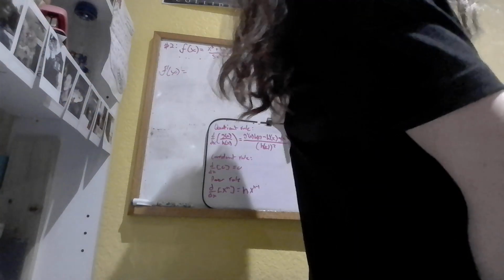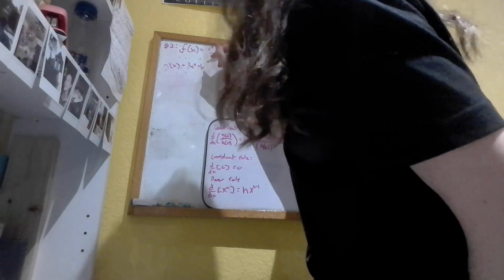Now, we must find the derivative of g of x first. That will be 3x squared plus 3 times 2, 6x plus 0.